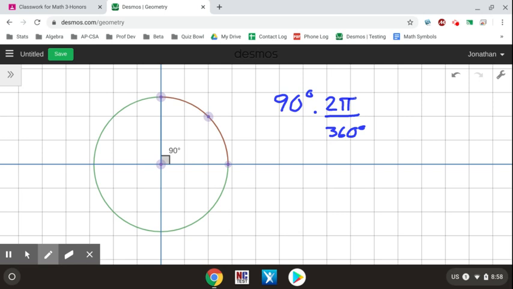And if I was doing this with a calculator, what I could do is I could just type in everything except the pi in the calculator. So I could type in 90 times 2 is 180 over 360, which would reduce to 1/2. And then I'm going to just add the pi into my answer. So my answer is 1 pi over 2, or 1/2 pi, however you want to think of it.